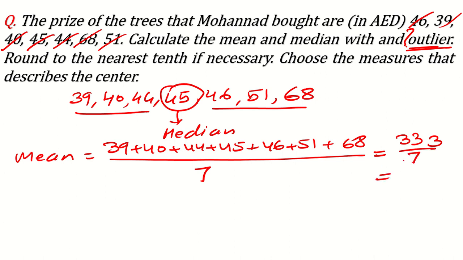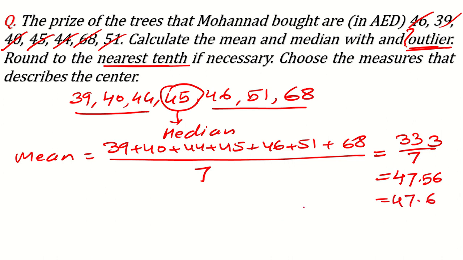So 7 times 4 is 28, remainder 5 and 3, 53. 7 sevens are 49 and then 4, then 7 fives are 35 and then 6. Now they are asking us only up to the tenth place, so it will be 47.6.